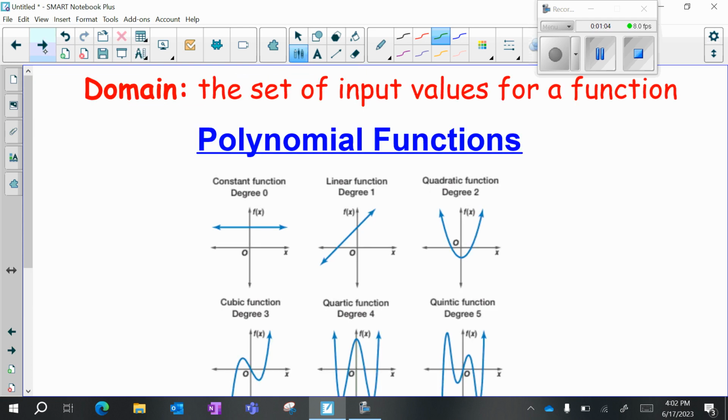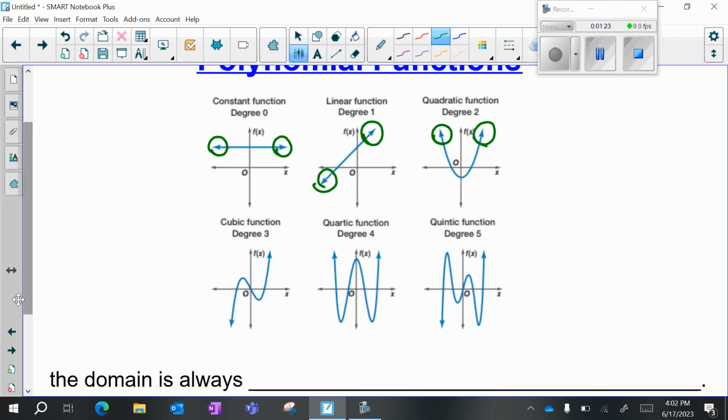So first, let's look at polynomial functions. Polynomial functions always have the same domain, unless, of course, it's in the context of a word problem. But if I'm just looking at a graph, polynomial functions always have arrows that go infinitely in both directions, left and right.